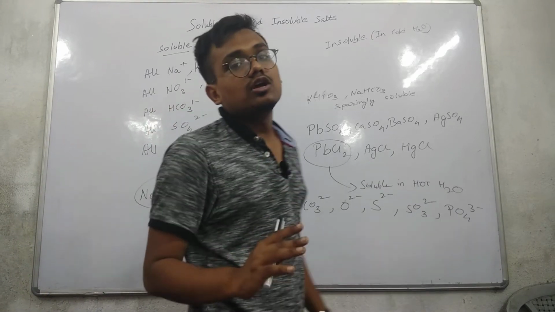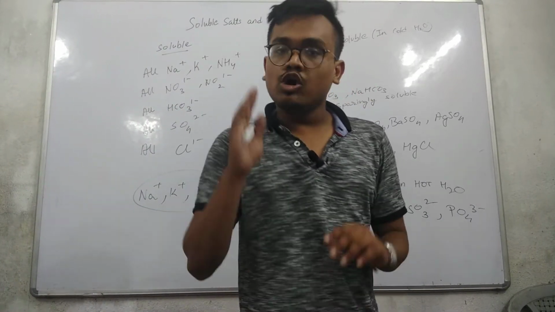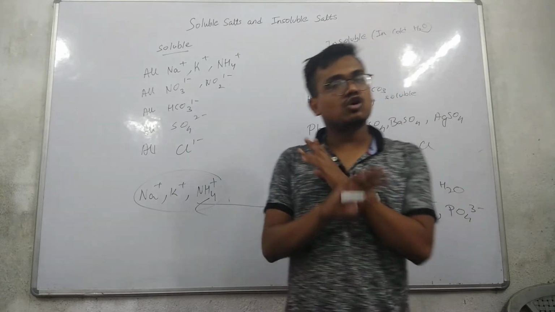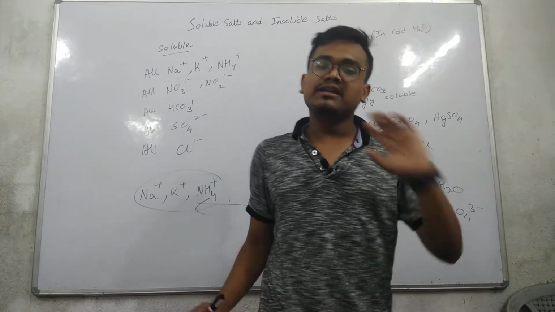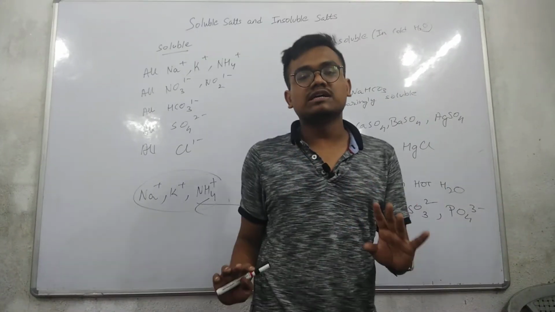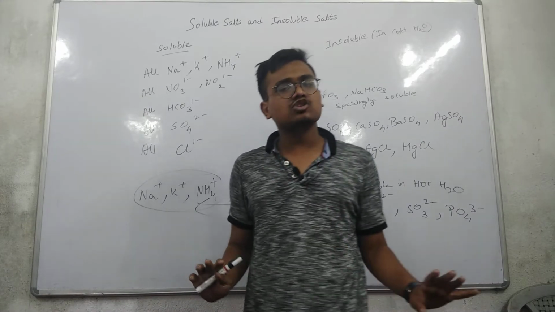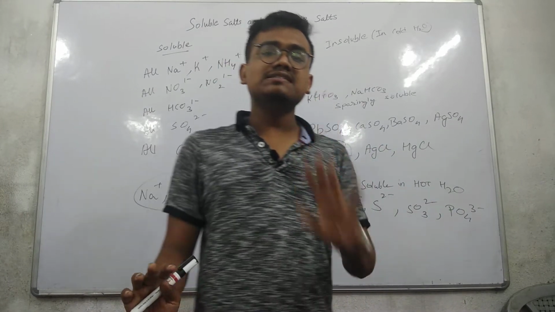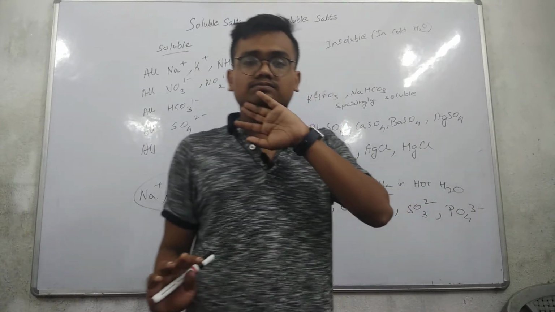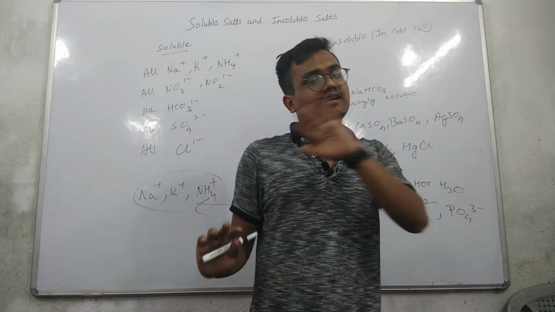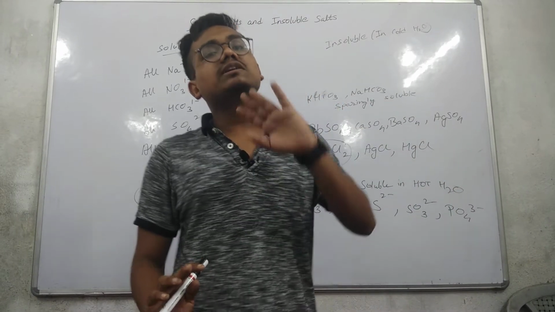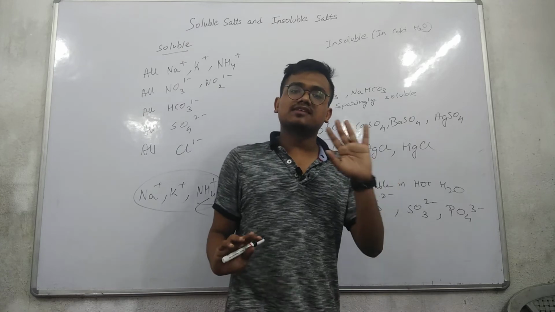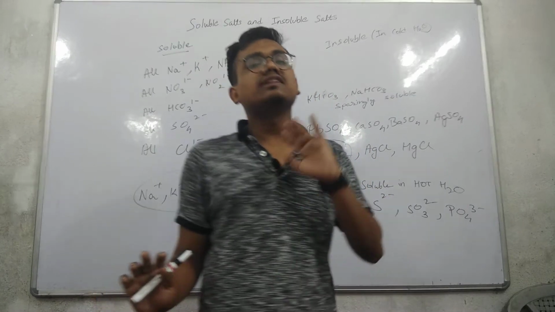Just for a quick recap: all sodium, potassium and ammonium salts are soluble, whatever the negative ion. All nitrates and nitrites are soluble, whatever the positive ion. All bicarbonates are soluble except sodium and potassium bicarbonate, which are sparingly soluble.